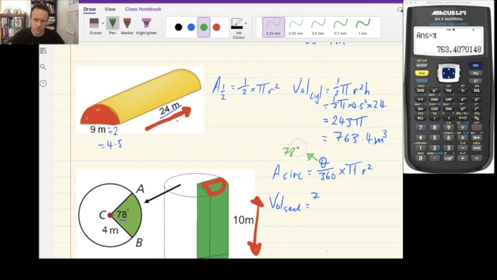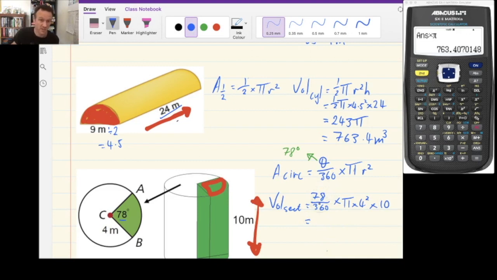The standard equation has theta there, and we replace that with however many degrees our face of the sector is. So 78 over 360 times pi r, which is 4 squared, times 10. Now we can take a look and see if this has a nice exact value.